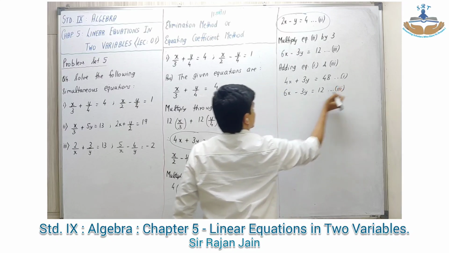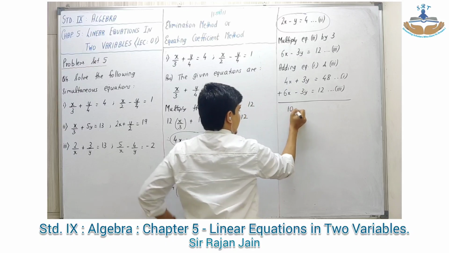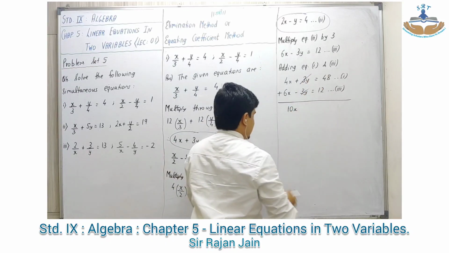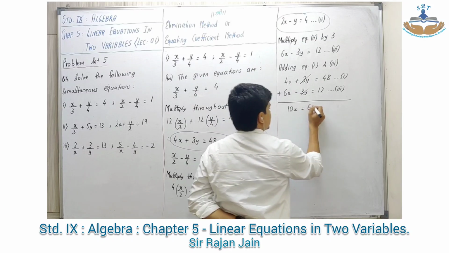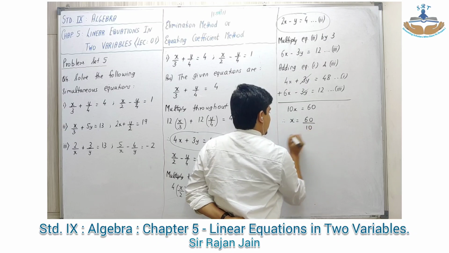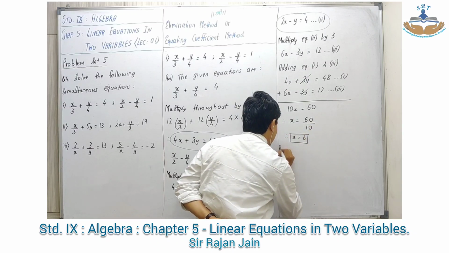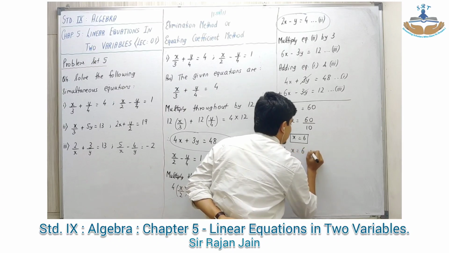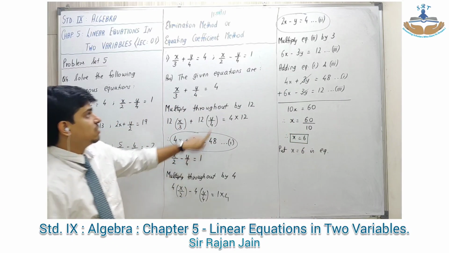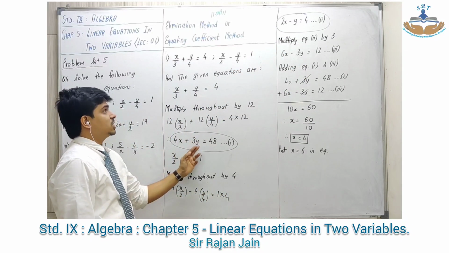This is your equation number 3, and if I add them you will get 10x, and here this goes, is equal to 60. Therefore x is equal to 60 upon 10. x will be equal to 6. Then I will say put x equal to 6 in equation. You can put it in either equation 1 or 2 or 3. I am putting it in equation number.